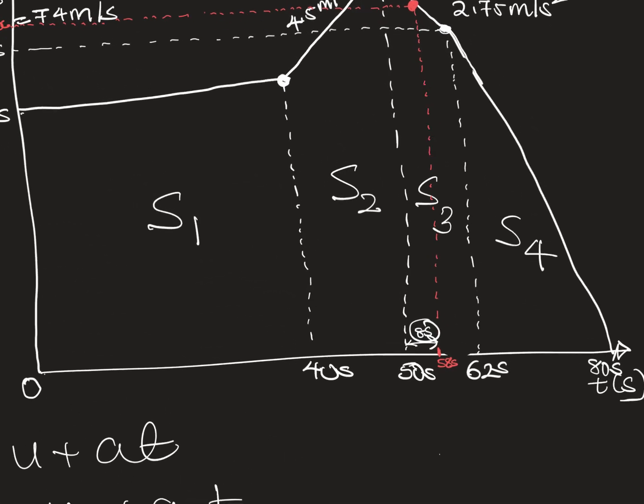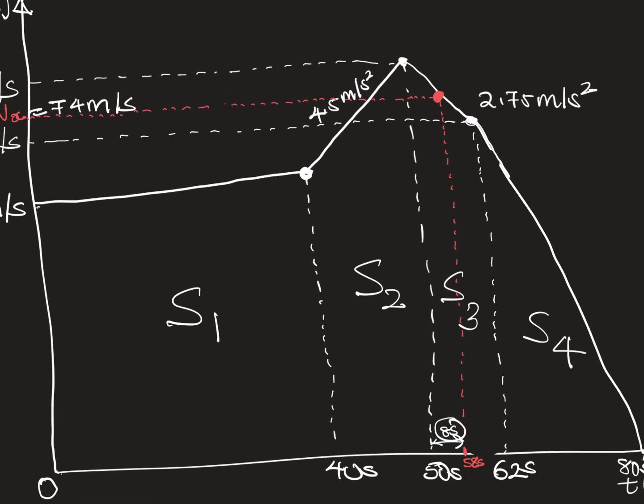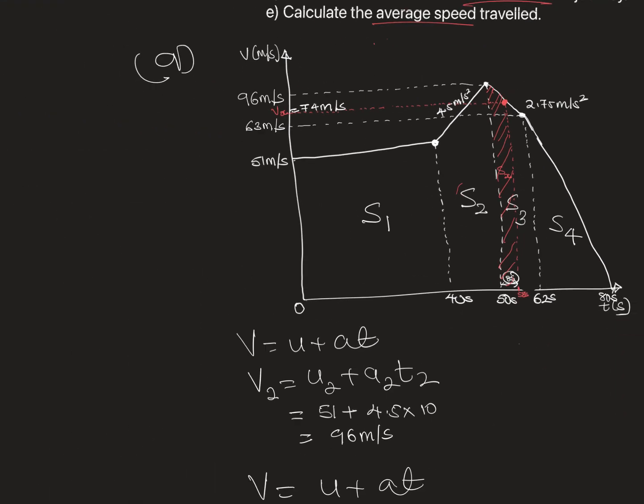Let me call the distance traveled Sx, which is just this distance here. If I add that to S2 and S1, that will give me the total distance traveled after 58 seconds in the event. It looks like a trapezium, right?